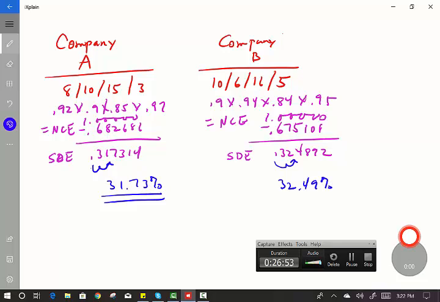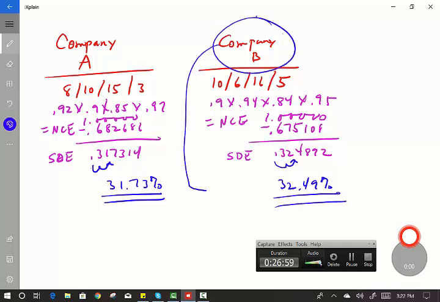So therefore, company B generates the highest discount of 32.49% over company A's 31.73%. Company B is the company of choice.